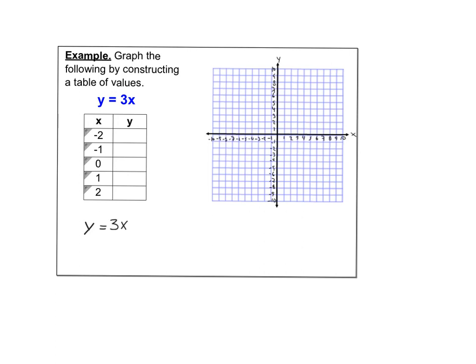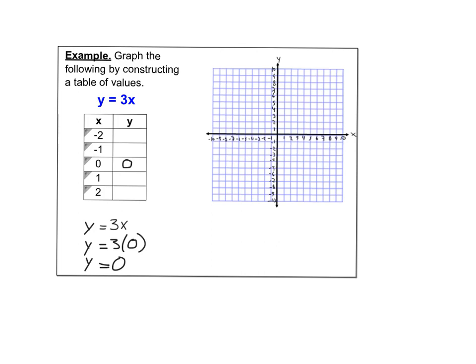All I'm going to do is substitute my x value inside, and remember I'm using 0 as my x value. So 3 times 0 is obviously 0. So my y value of this particular coordinate is 0.